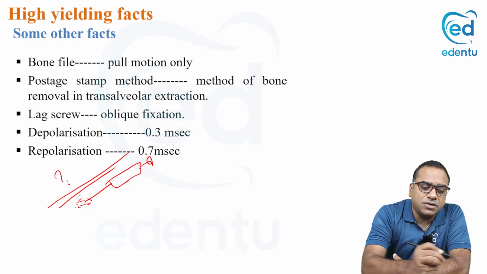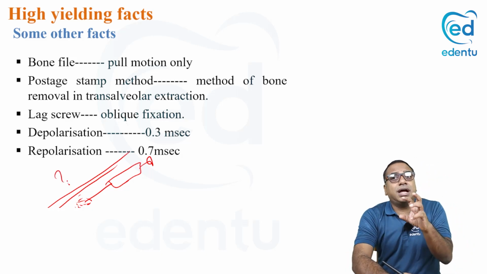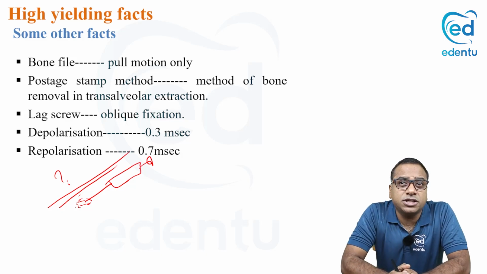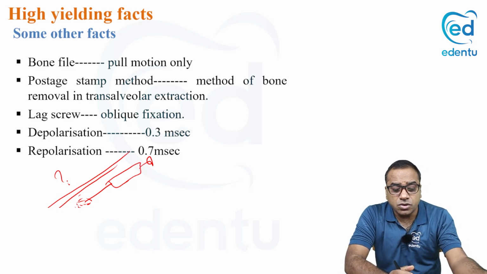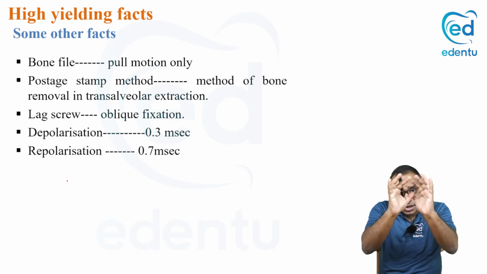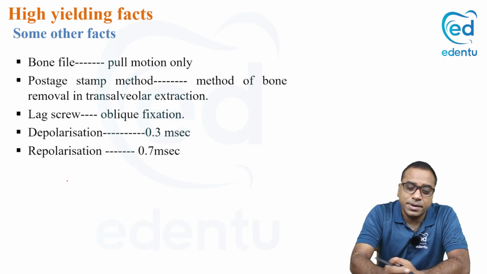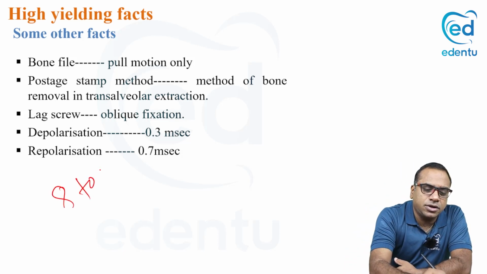How much of the nerve should be under the influence of local anesthetic solution for a conduction blockage to happen? And the answer is 8 to 10 mm.